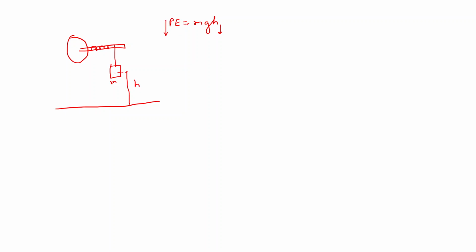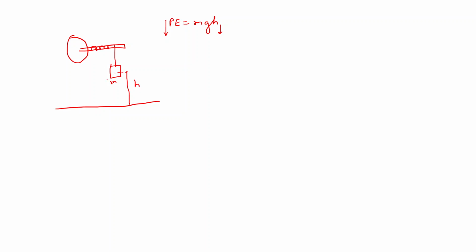Since energy can neither be created nor destroyed, by the law of conservation of energy, the potential energy will not be destroyed, but will convert into something else, the kinetic energy.